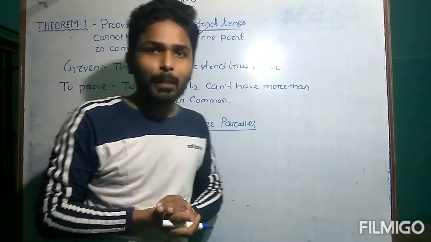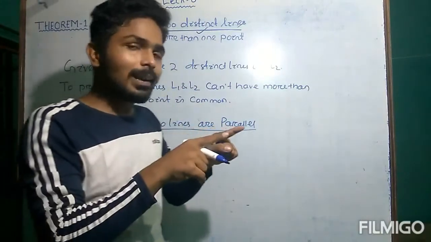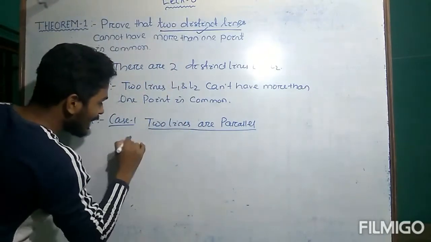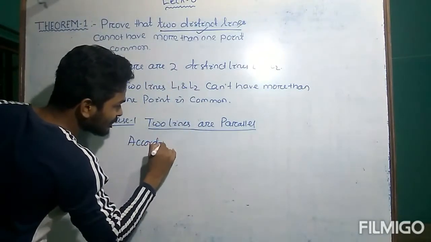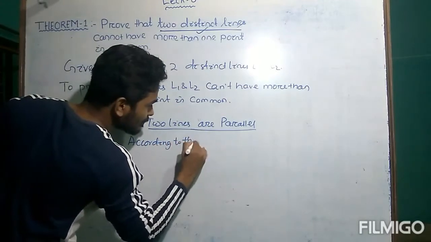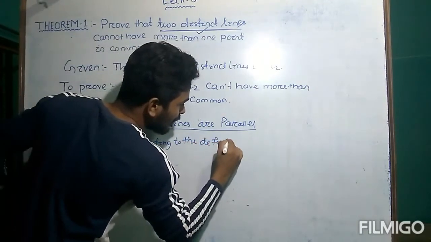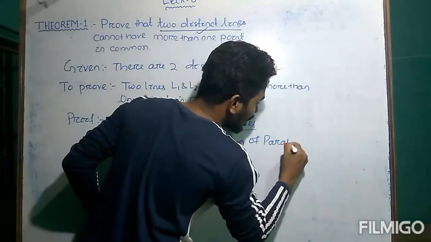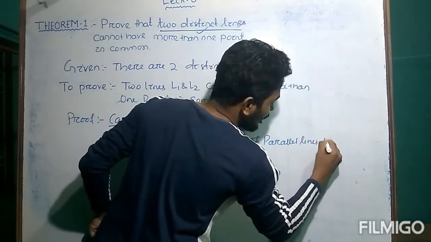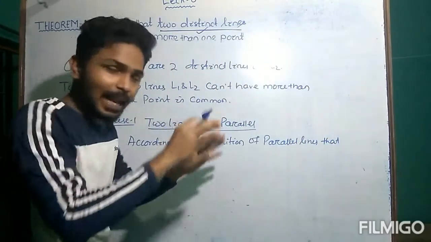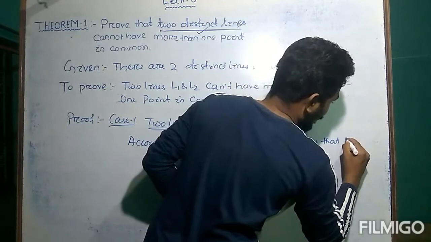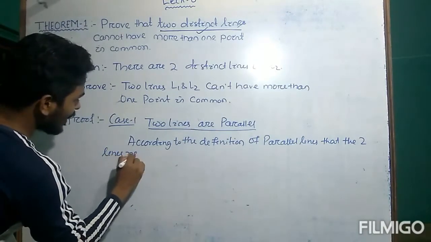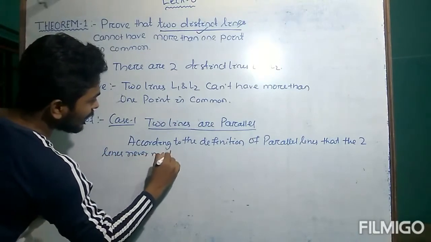According to the definition of parallel lines, we know that two parallel lines never meet each other. Okay, so write it. According to the definition of parallel lines, the two lines never meet each other.